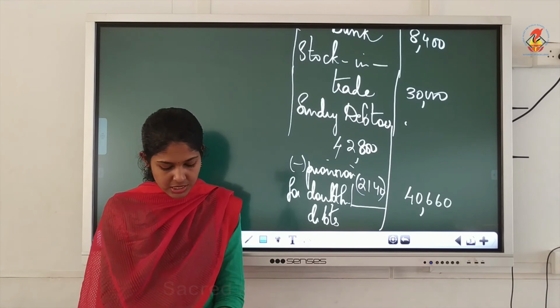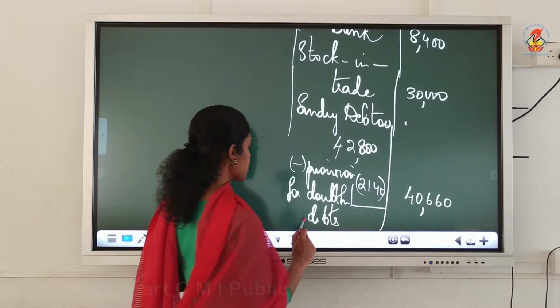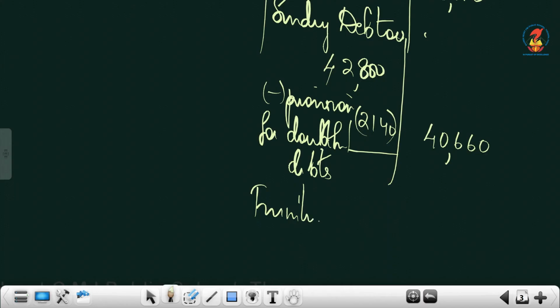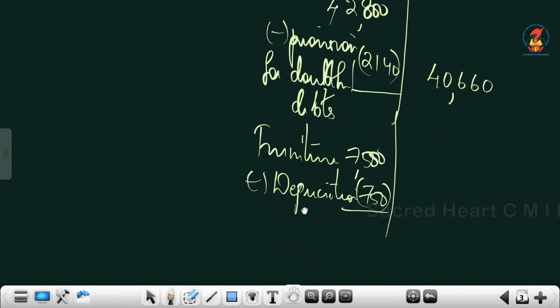Then we have, after debtors we have furniture for rupees 7,500, and there we have a depreciation that you must remember. So we will write furniture 7,500 less depreciation. Depreciation here is 10% on furniture, so that is 750. 10% on 7,500.